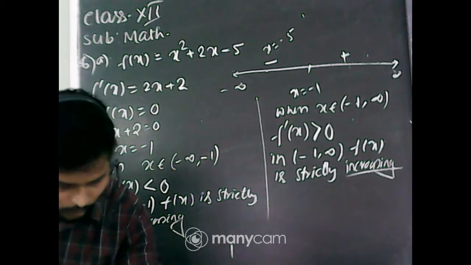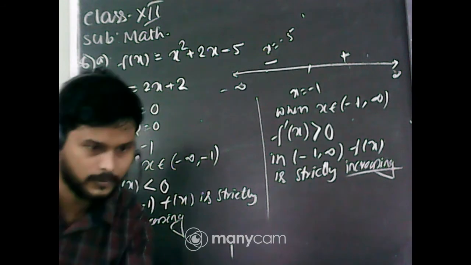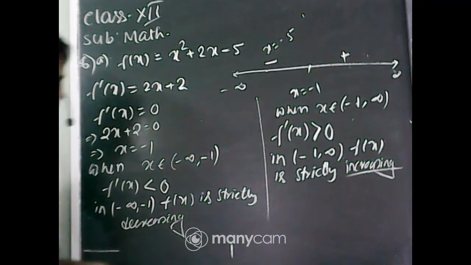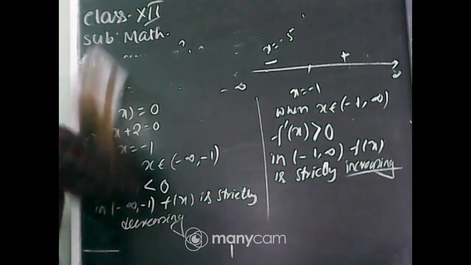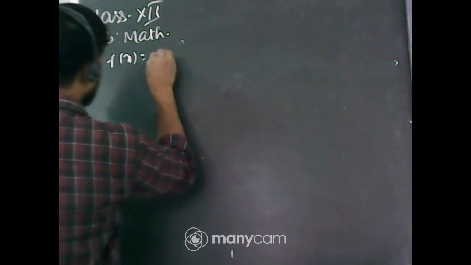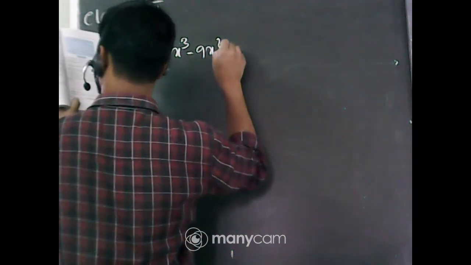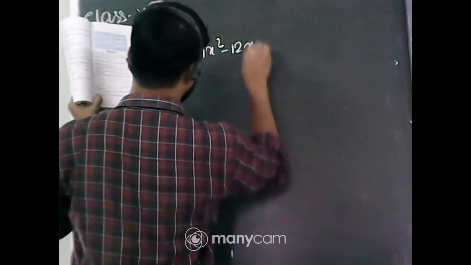Okay, so let's solve one more problem from here. Let's solve question number C. So question number C is, one function is given as f of x is equal to minus 2x cube minus 9x square minus 12x plus 1.